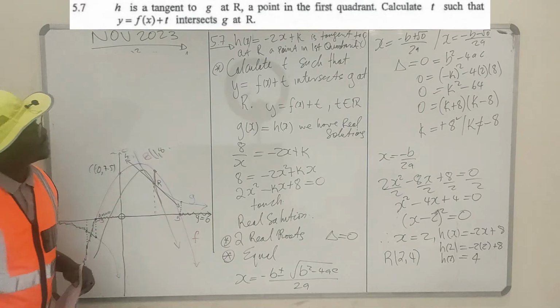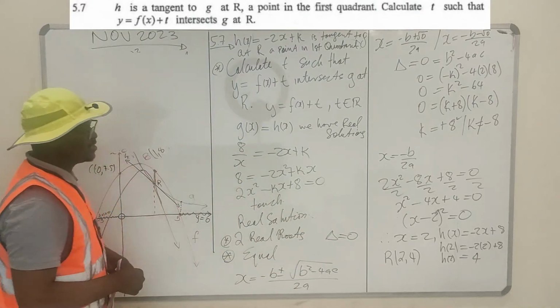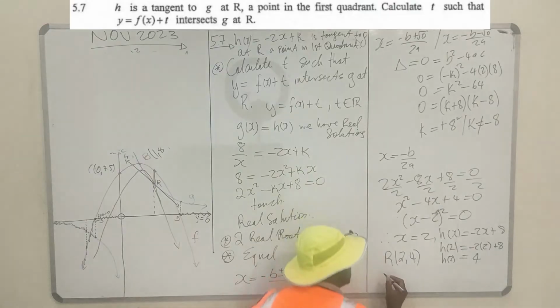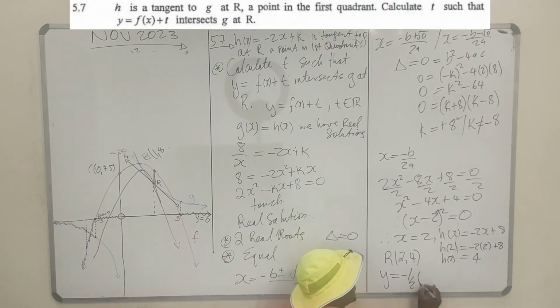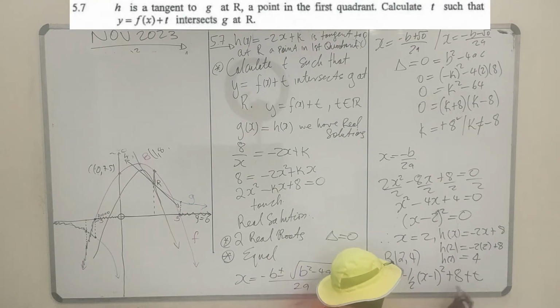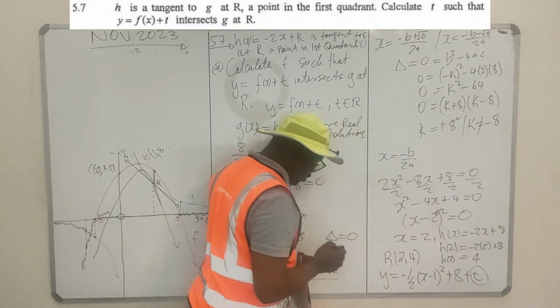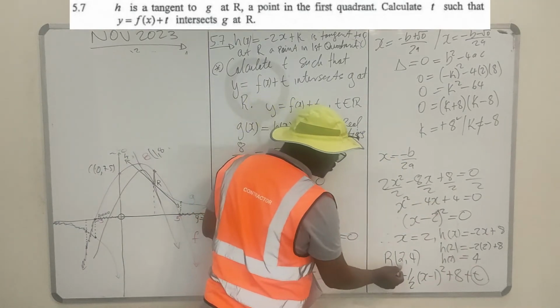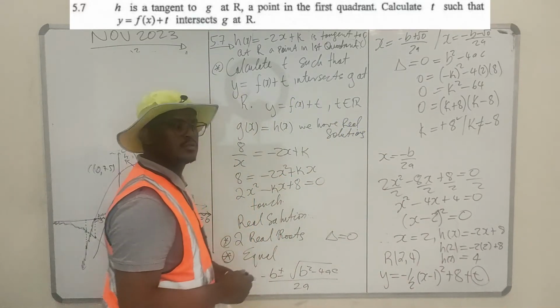You know that your newly defined function is y is equal to minus half of x minus 1 all squared plus 8 plus t. So you want to find the value of t. You know that this function goes past this point, right?